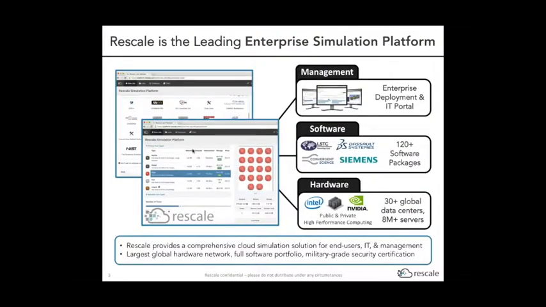So the Rescale platform is hosted on the cloud. It's a comprehensive platform. It's aimed for running simulations. The platform allows engineers and scientists to set up and execute different types of simulation. It's really straightforward, easy to use interface. We partner with a lot of partners, software partners as well as infrastructure partners.